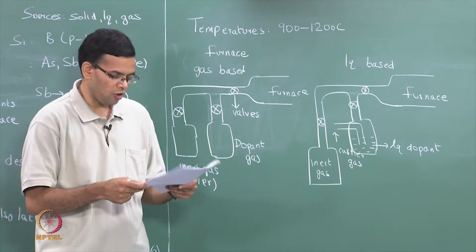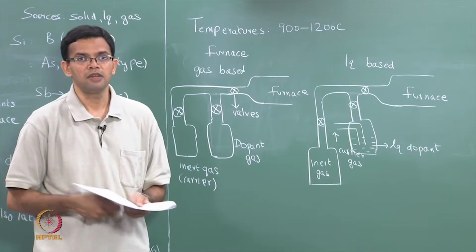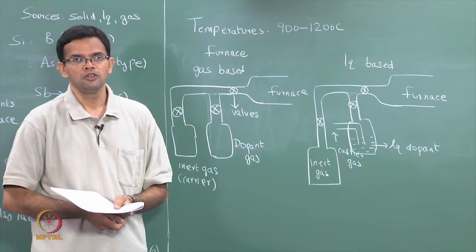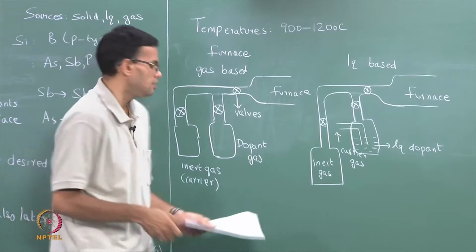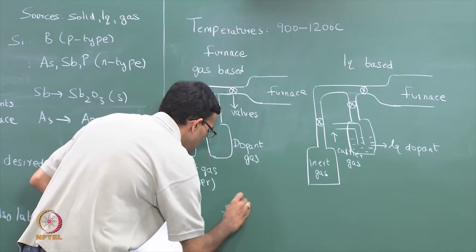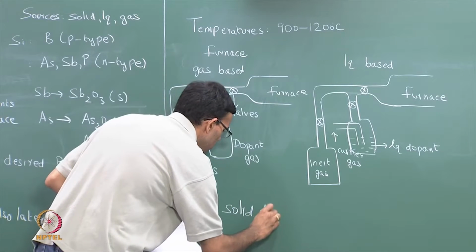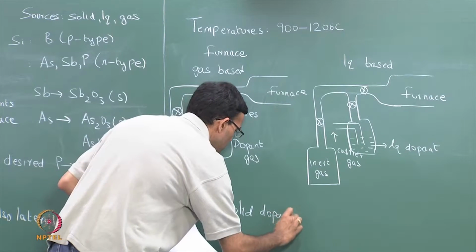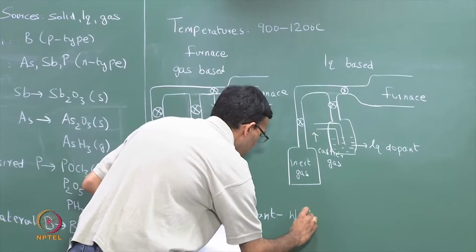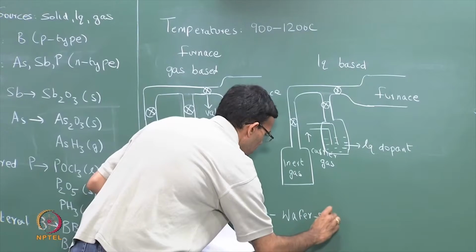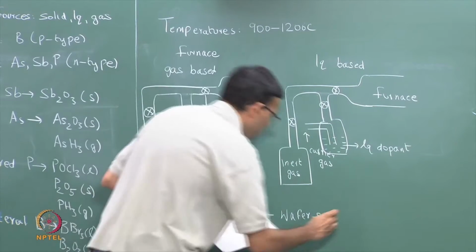In the case of a solid state dopant, for example in the form of oxides, usually the oxide material is prepared in the form of a slug. So, for solid dopants, you have wafer size slugs.